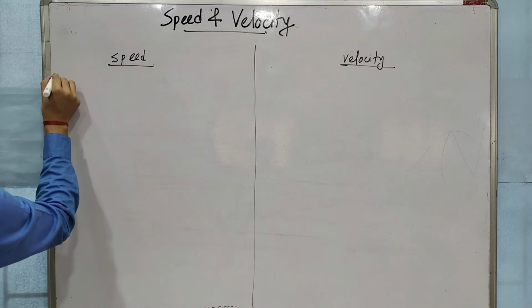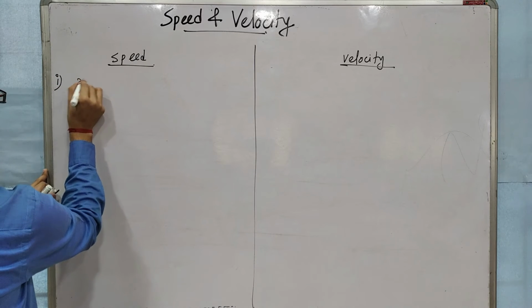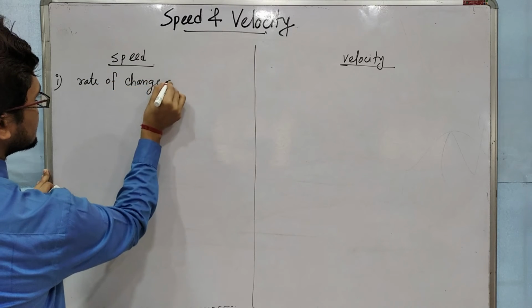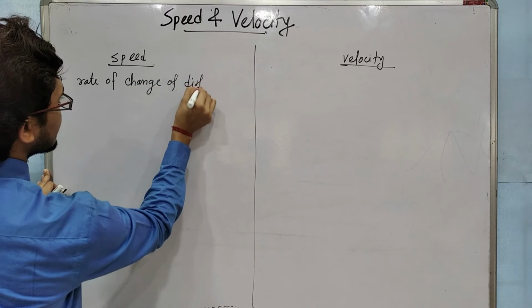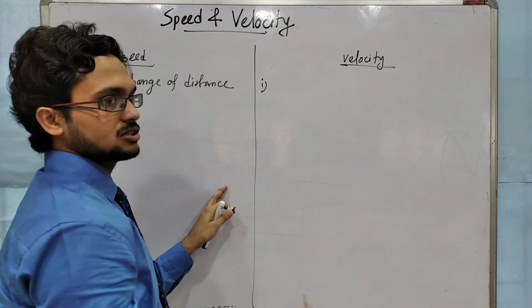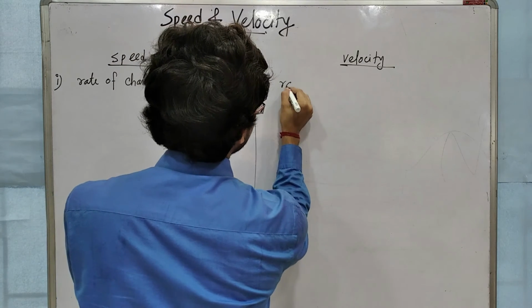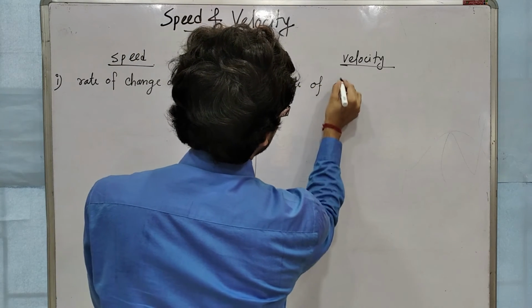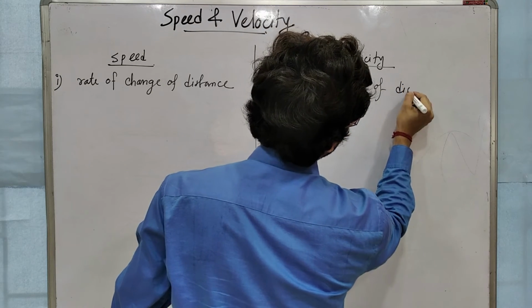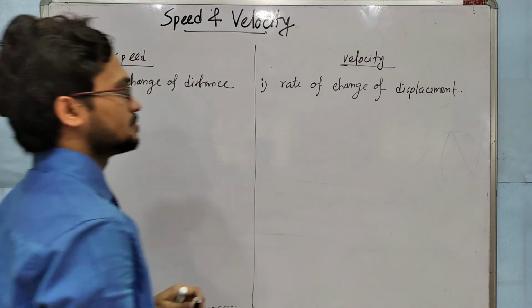First one, the definition: speed is the rate of change of distance, and velocity is the rate of change of displacement, or you can say rate of change of distance in a particular direction.